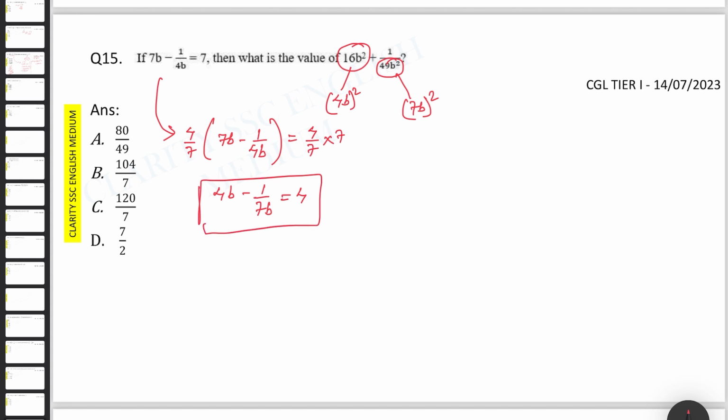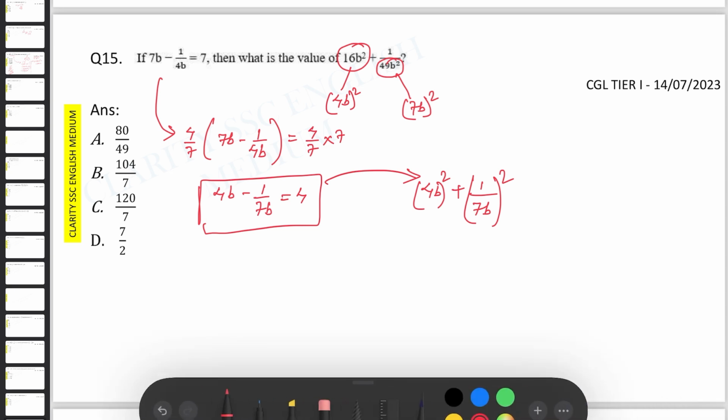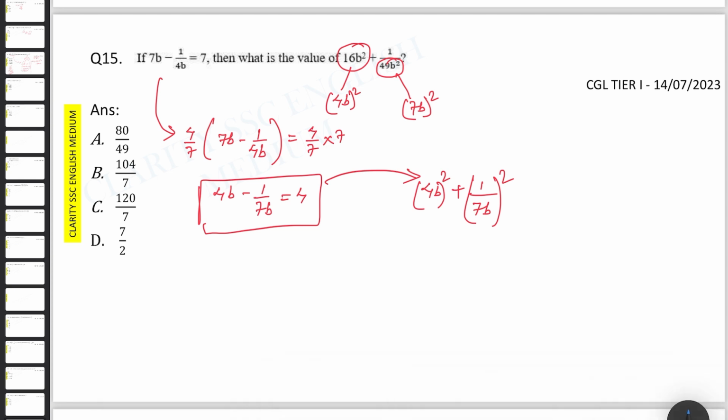We get this expression. We can find the square of this value: 4b whole square plus 1 by 7b whole square. This is the concept of coefficient. Let me tell you once again, this is the concept of coefficient.